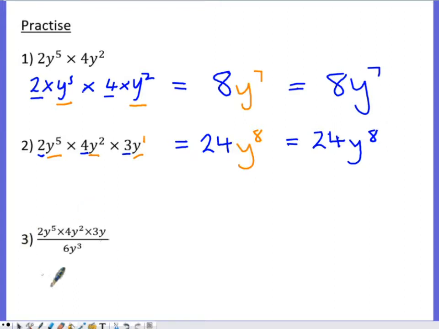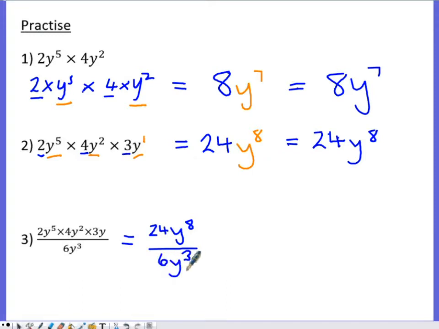Looking at example 3, we can see the top of it is 2 times y to the power 5 times 4y squared times 3y, which is what we did earlier, and we got 24y to the power 8. So let's put that in. We're going to divide it by 6y cubed.